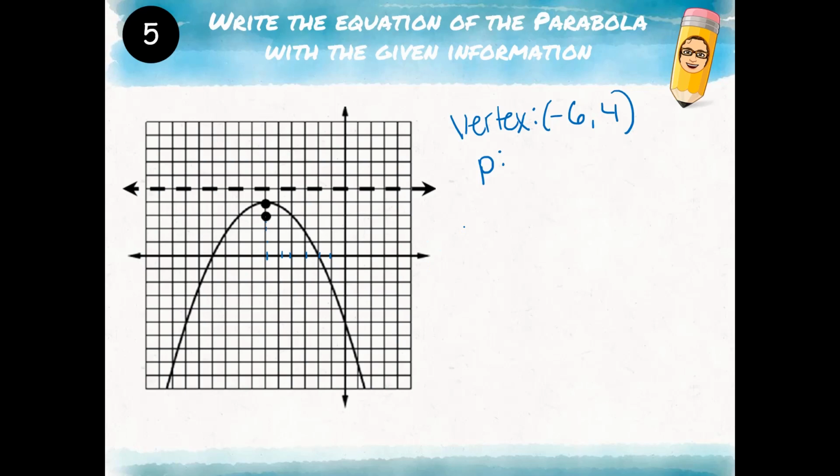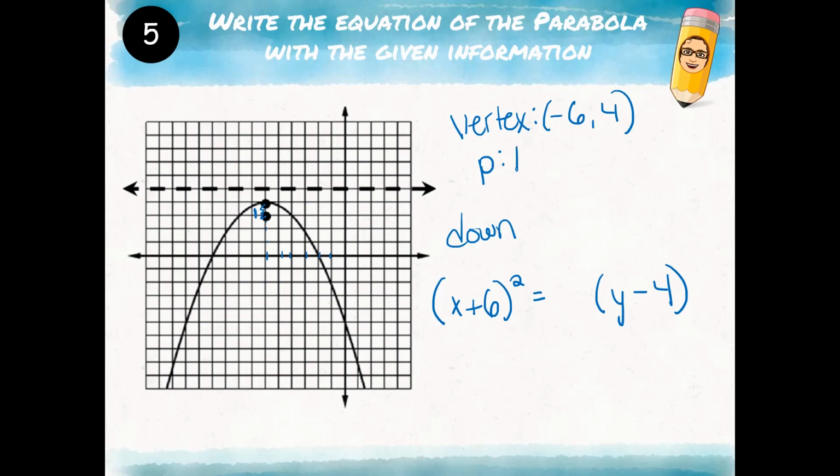And we also know that this is pointing down. So that means that the x guy is squared. Okay, I'm kind of writing out my template just like we used to with every other one. Plug in my vertex. So we got x plus 6, y minus 4. The p-value is how far my focus is from my vertex, which is a distance of 1.